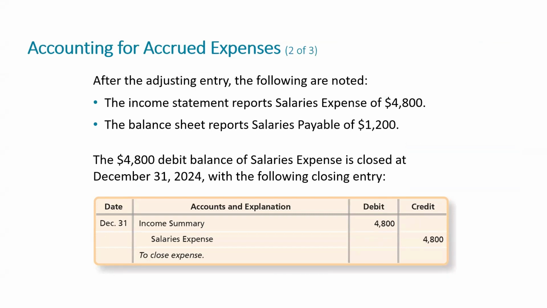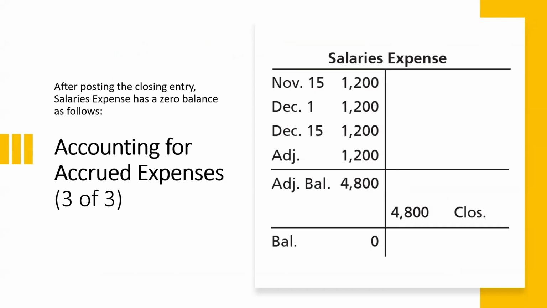The $4,800 debit balance of salaries expense is closed at December 31st, 2024, with a debit to income summary and a credit to salaries expense. After posting the closing entry, salaries expense has a zero balance, as you see here.